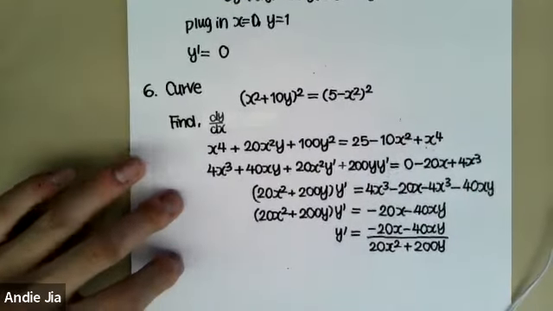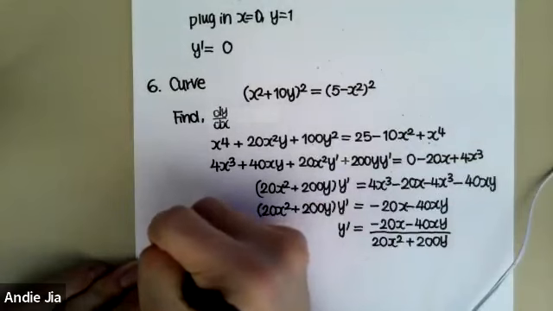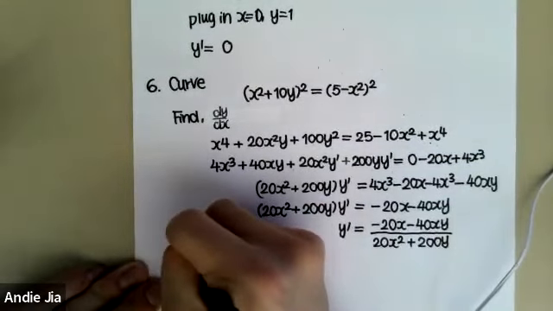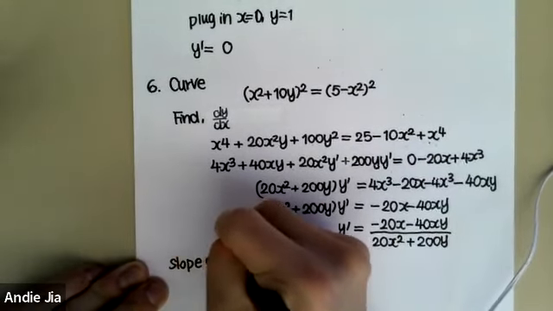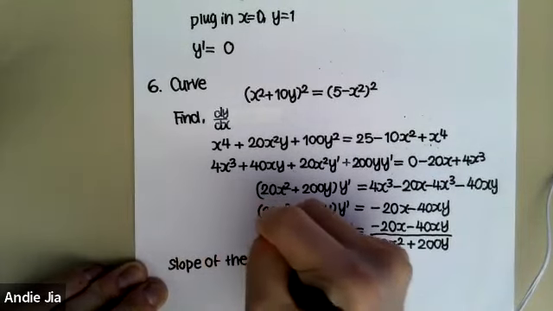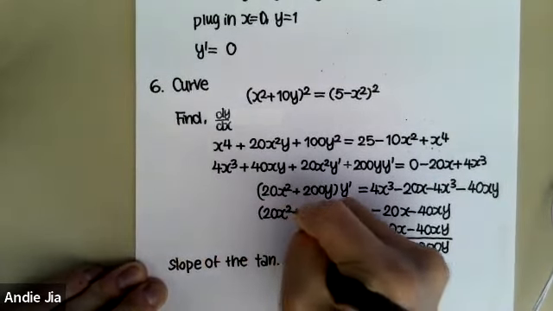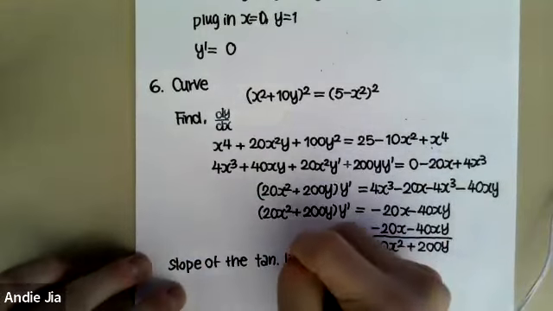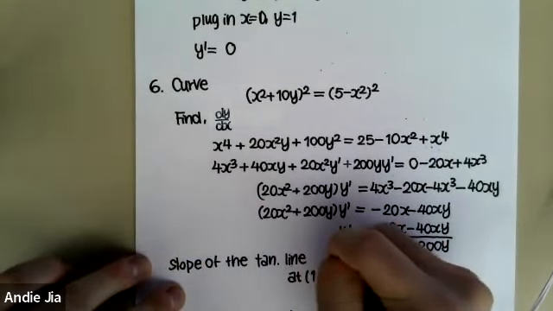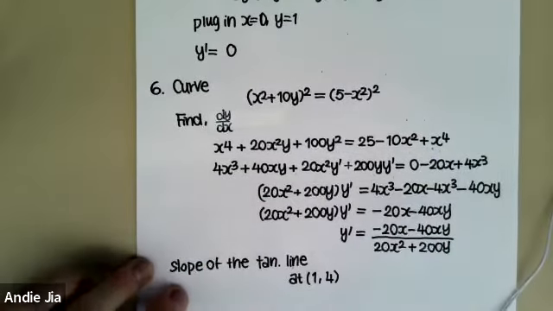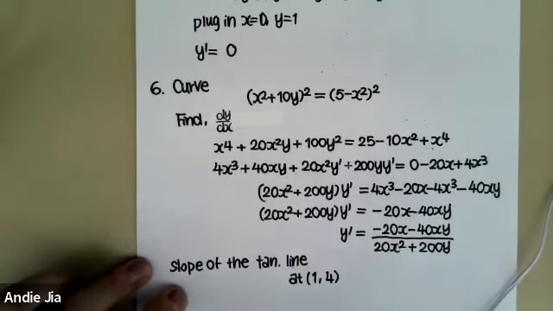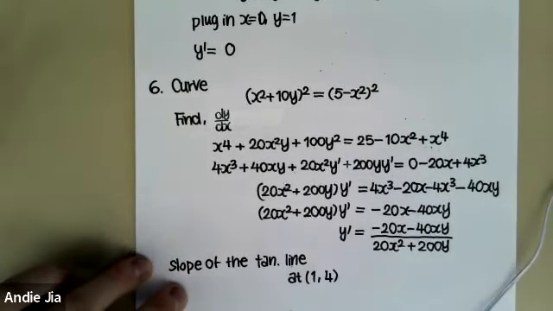So now if I want to find the slope of the tangent line at the point (1, 4), then just plug x equals 1 and y equals 4 into this y prime, and that is your slope. Now let's try it.